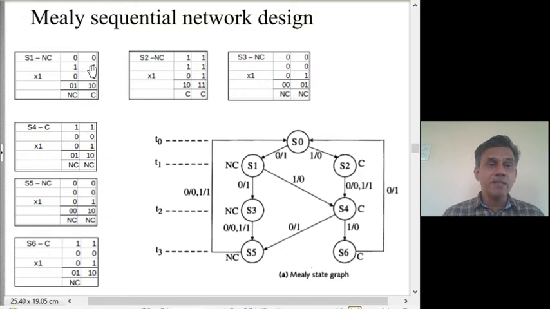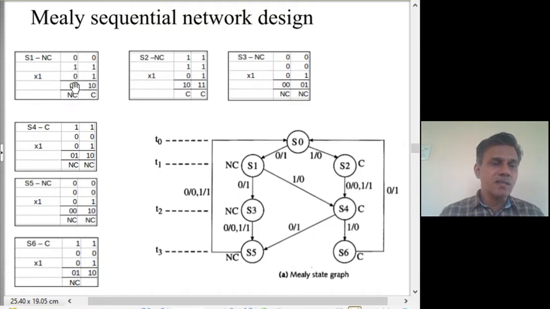So this indicates the bit that needs to be added. And then the input bit x1 can be either 0 or 1. So these are the two cases that can occur in S1. No carry, therefore 0. A bit to be added, therefore it is 1. And the input bit is the only thing that is not in our hand. So that can be 0 or 1.